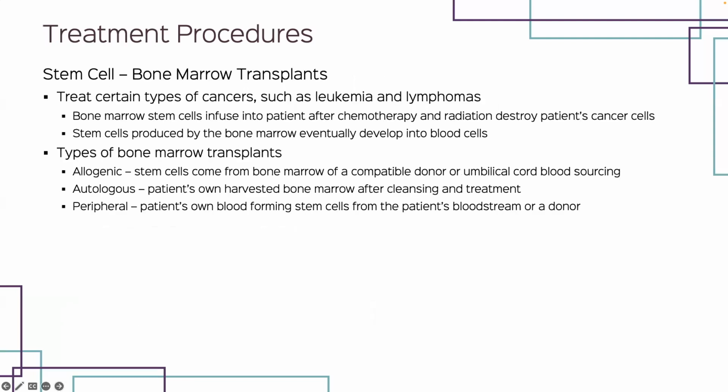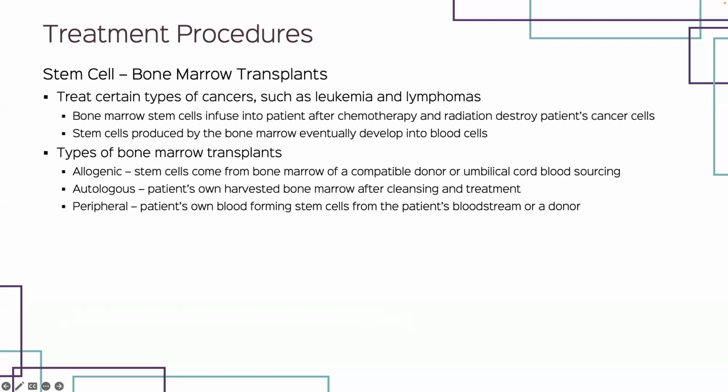And then as far as some treatments go, so your stem cell and bone marrow transplant, you do have certain types of cancer, such as your leukemia and your lymphomas, that are very receptive to that. And then as far as your transplant goes, you can have your allogenic, which comes from someone else, or an umbilical cord sourcing.